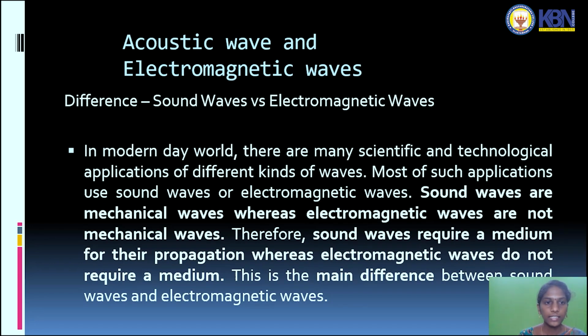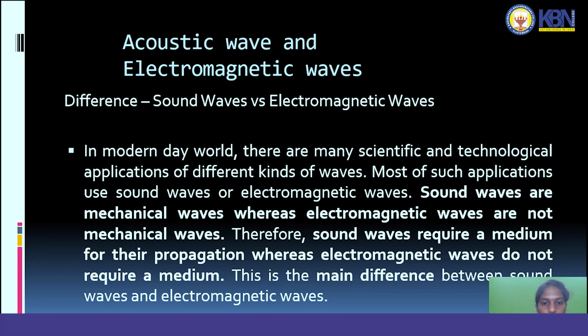And next are acoustic waves and electromagnetic waves. Acoustic waves are also called sound waves. In the modern world, there are many scientific and technical applications of different kinds of waves. Most of such applications use sound waves or electromagnetic waves.